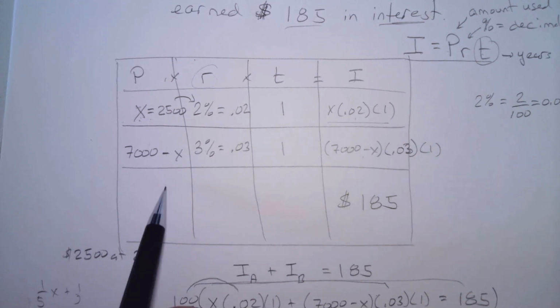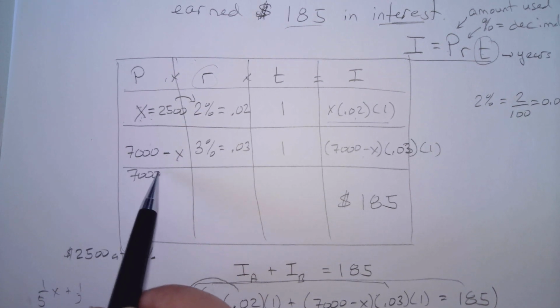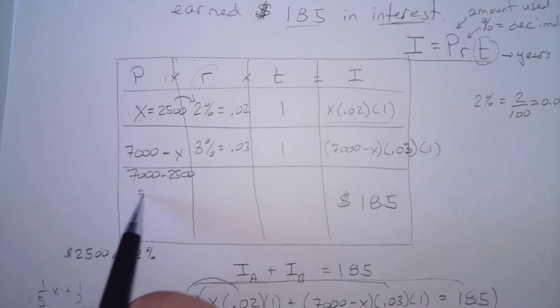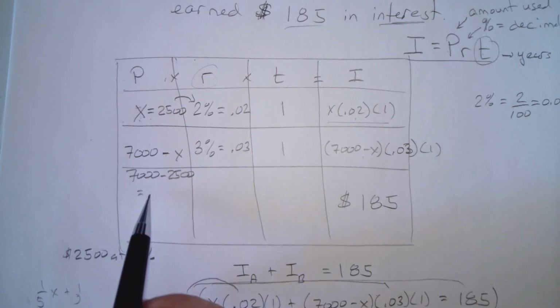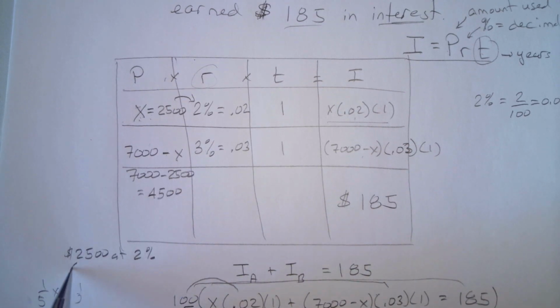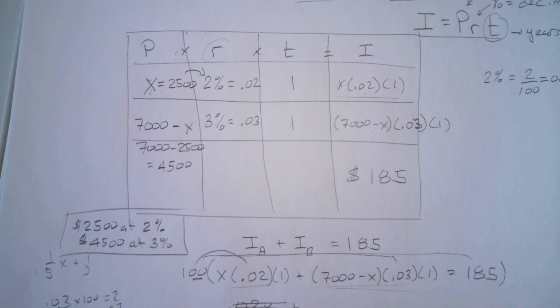So how much should we do at 3%? Well, 7,000 minus 2,500 equals 4,500. So we invested 4,500 at 3%. This is what they were looking for.